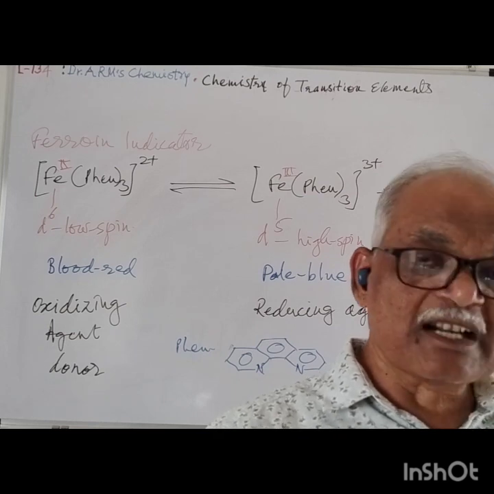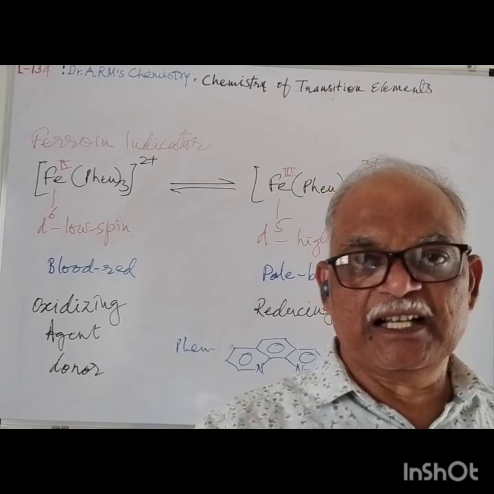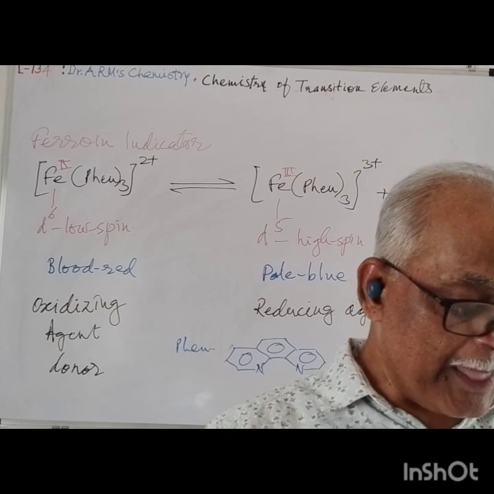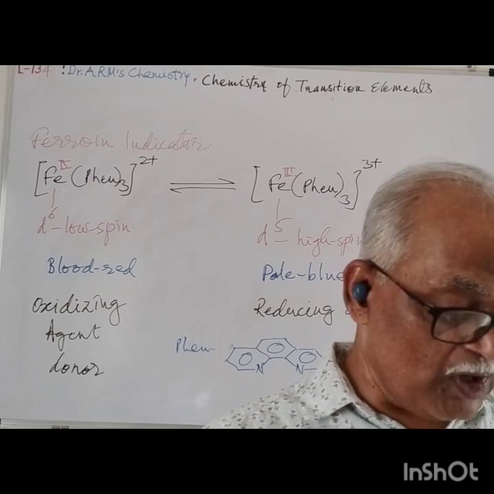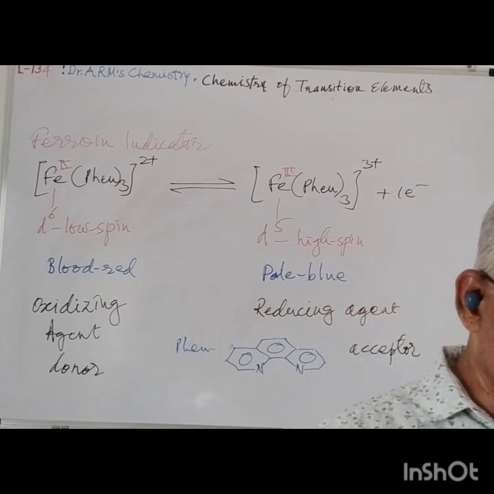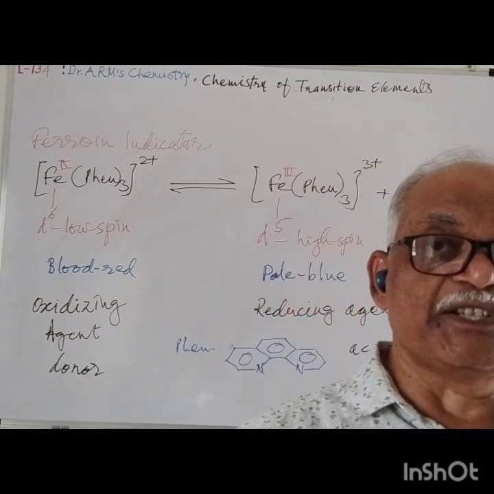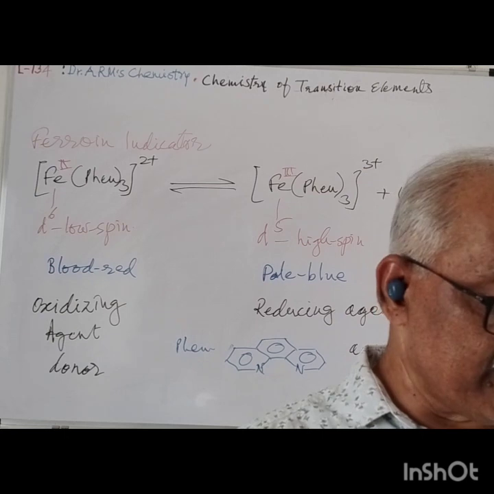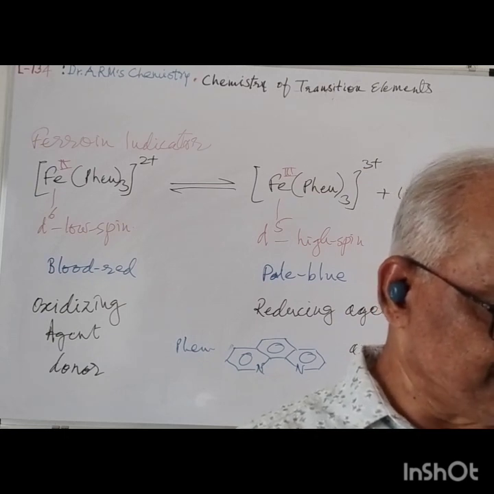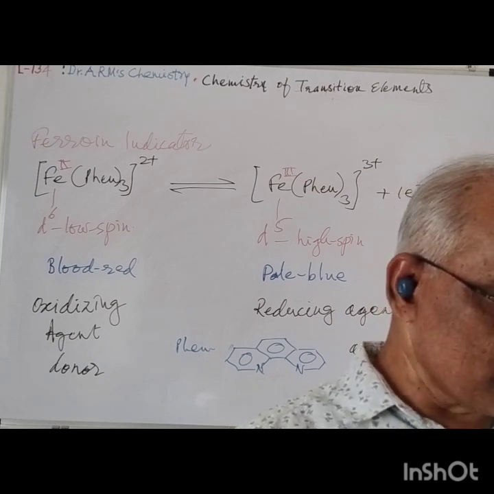Therefore, charge transfer transitions are not observed here, but the d-d transitions are more expected. The color change of this ferroin indicator is due to the difference in the intensities of the d-d transition and the charge transfer band.